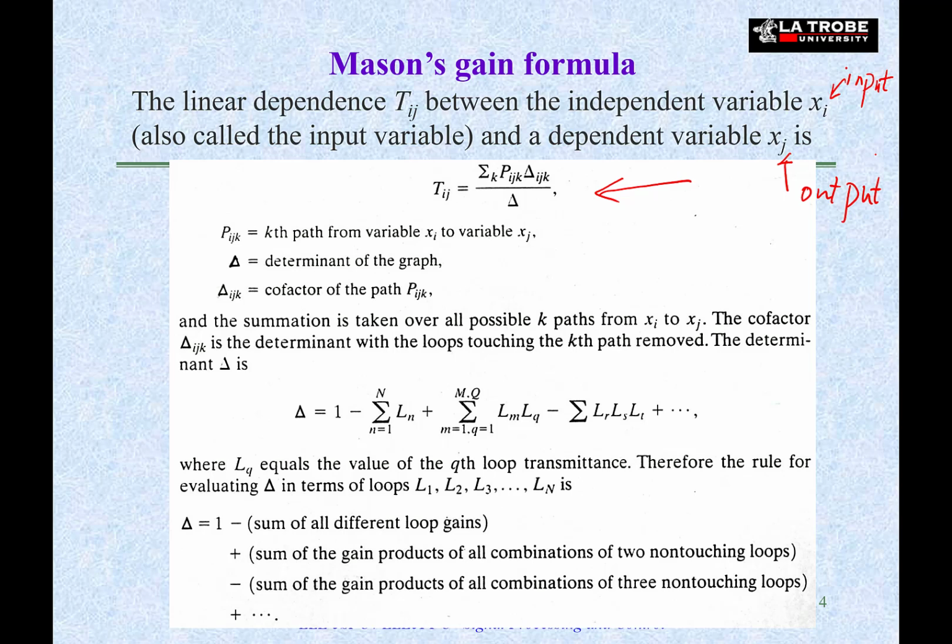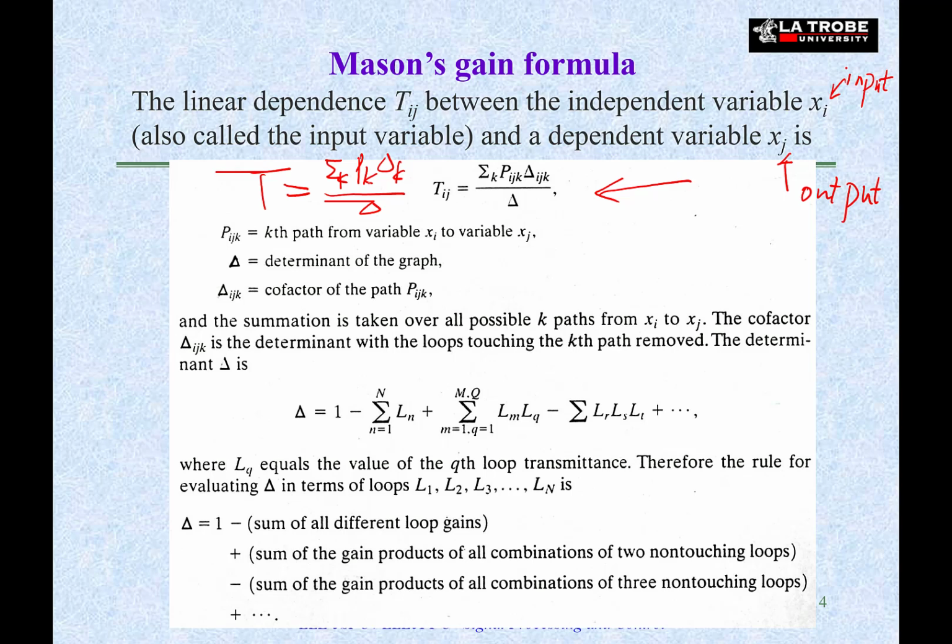If we ignore the subscript i and the subscript j, we can simplify this formula as T equals sigma k Pk Delta k over Delta. k is the path index, so one path at a time.